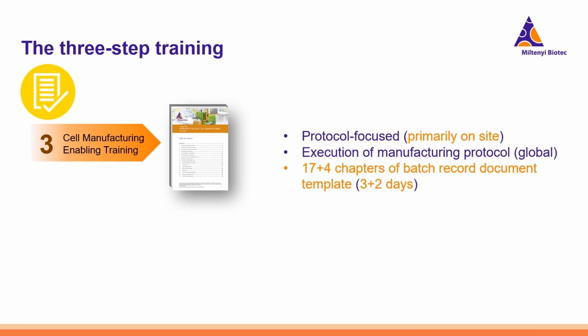There is no, let's say, variation. It's really training the people how to run the steps of the protocol, step by step. And the goal there is to bring them to the point where they can go through all of these steps independently and run them independently.